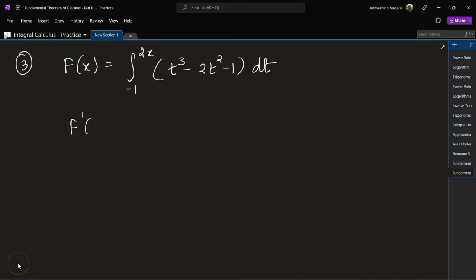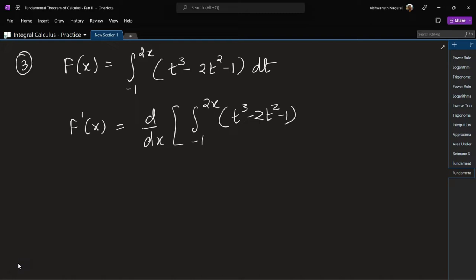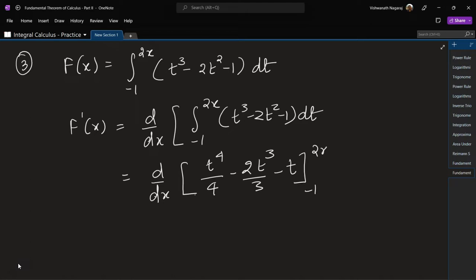So differentiate this, it would be d by dx of the integral minus 1 to 2x of t cube minus 2t square minus 1 dt. So d by dx of, let's integrate this, t to the power of 4 by 4 minus 2t cube by 3 minus t from minus 1 to 2x.